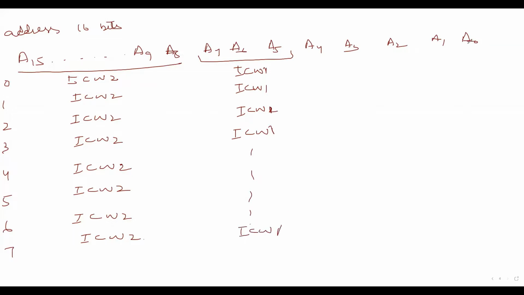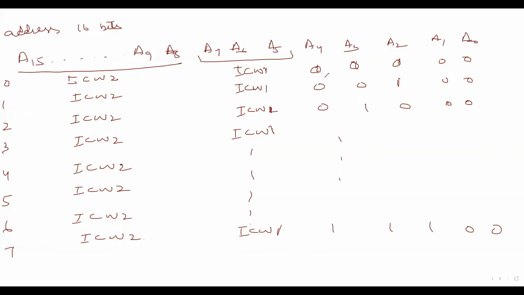Now come these bits, 0, 1, 2, 3, 4. It will be like this: 0, 0, 0, then 0, 0, 1, 0, 0, and likewise 1, 1, 1, 0, 0. This is how call addresses are generated for each interrupt.